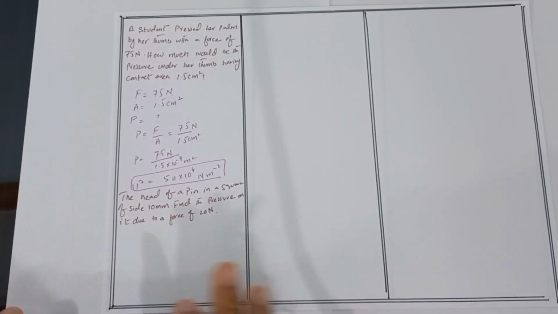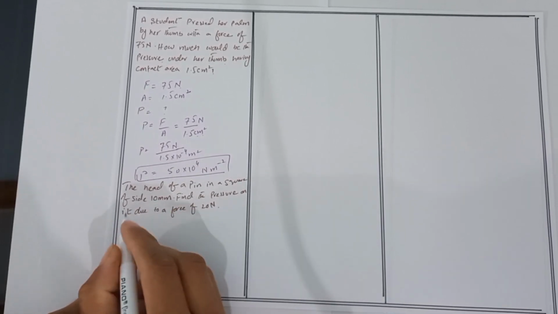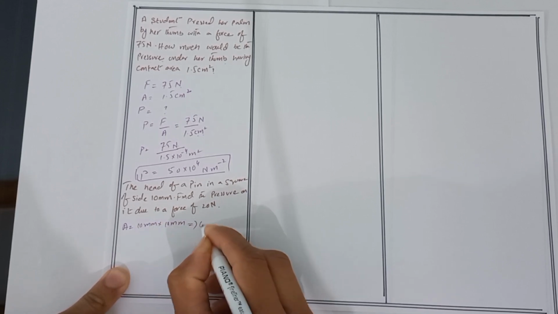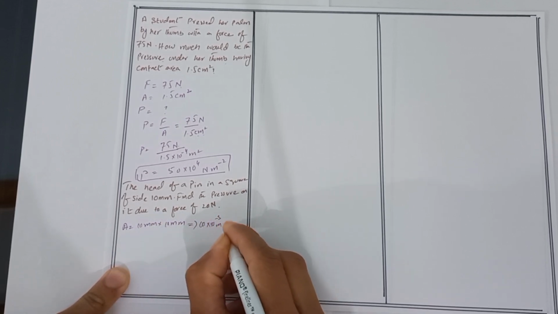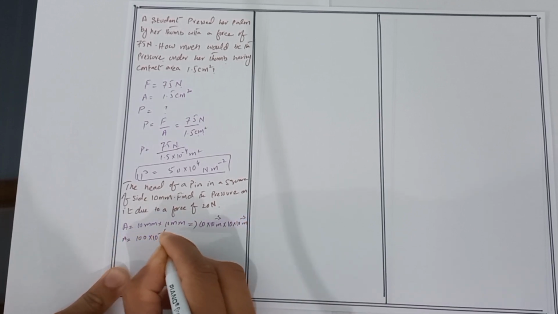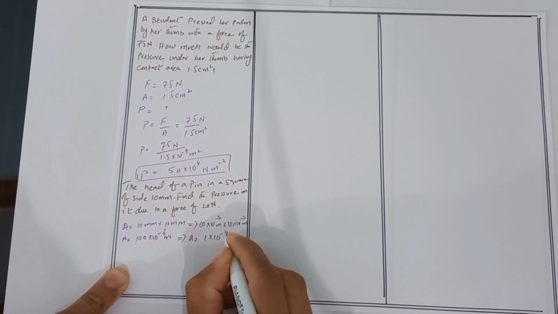Next question is, the head of a pen is a square of side 10 millimeter. Find the pressure on it due to the force of 20 Newton. It is a square, so its area becomes 10 millimeter multiplied by 10 millimeter. So it becomes 10^-3 meter multiplied by 10^-3 meter. Here the area can be written as 100 × 10^-6 meter square. So its final area is 1 × 10^-4 meter square. This is the area.